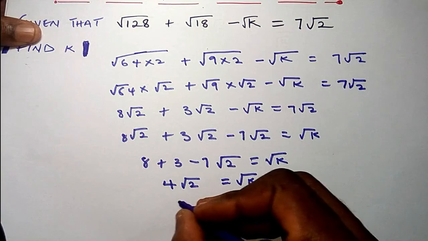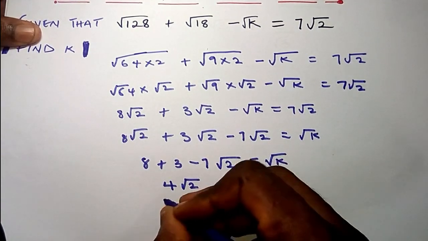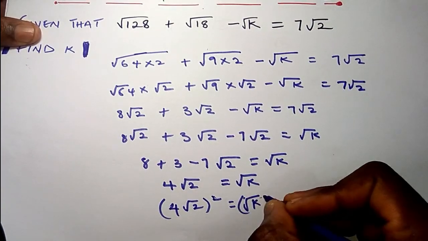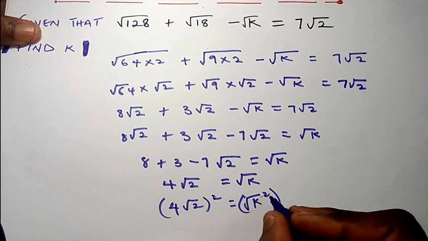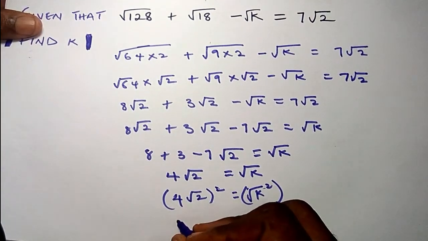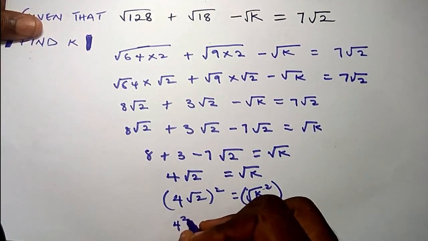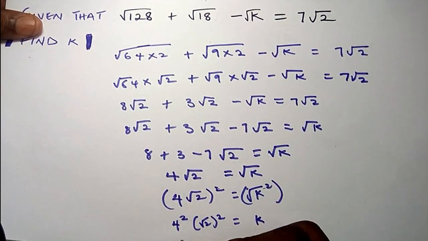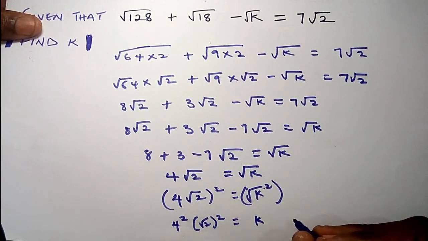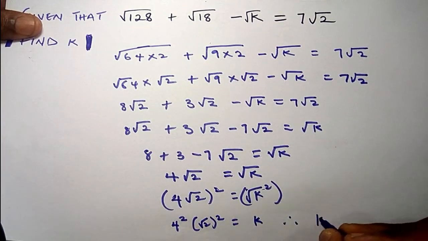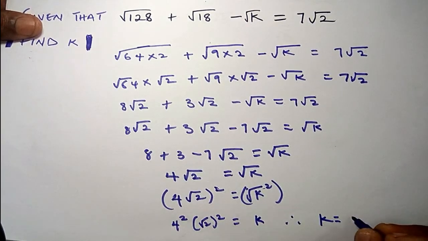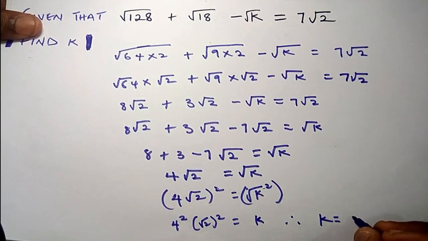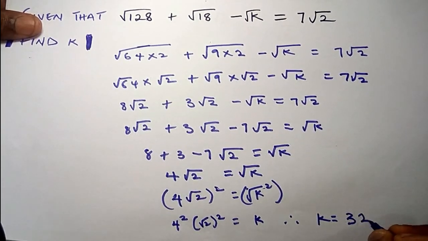So if we find the square of both sides, we're going to have 4 root 2 squared equal to root k squared. The square is going to cancel the root out, so we're going to have 4 squared and root 2 squared equal to k. Therefore k is equal to, this is 16, and the square is going to cancel the root out, so we're going to have 16 times 2, which is 32.